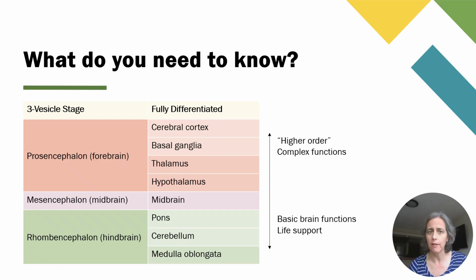So basic life support, making sure you maintain homeostasis, some goal-directed behavior like eating, and breathing and maintaining your blood pressure, all of those things, and being able to move, at least in terms of reflexes. So those things are the more primitive functions of the brain, and then the more complicated things like writing poetry or studying for a neuroscience exam, that's going to be up in the forebrain.